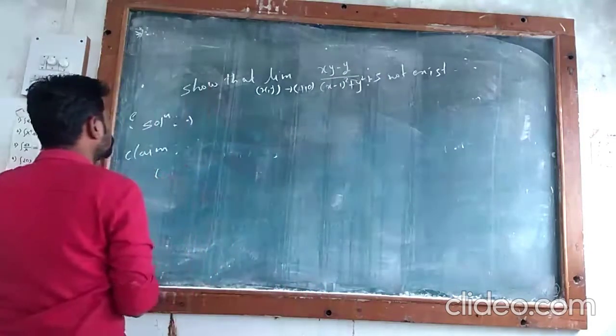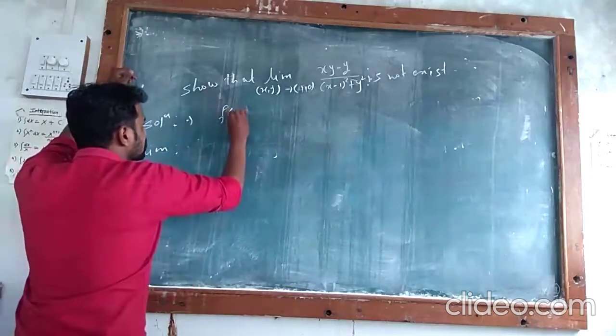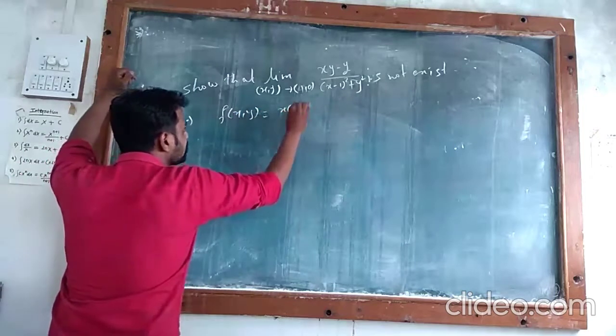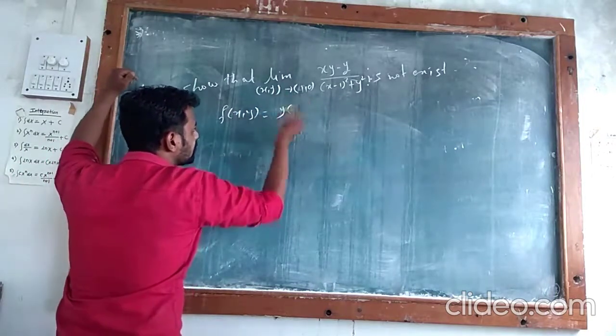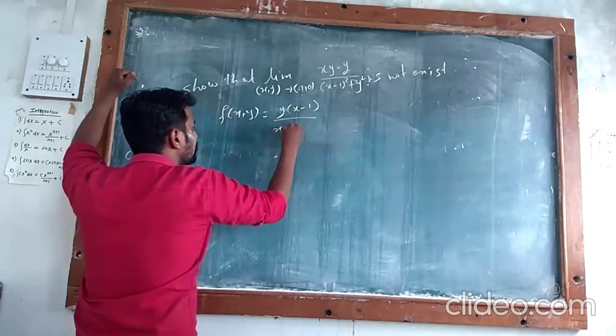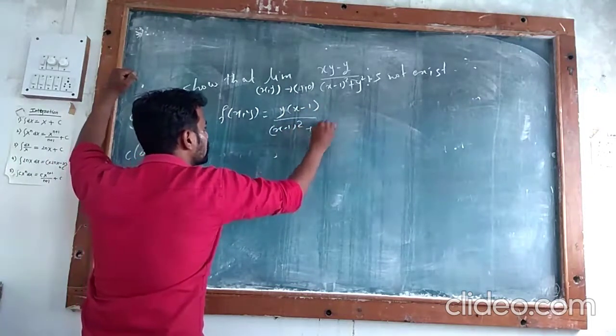Okay, we have to show this for the function. So we can take f of (x, y) is equal to (x minus 1) y upon (x minus 1) square plus y square.